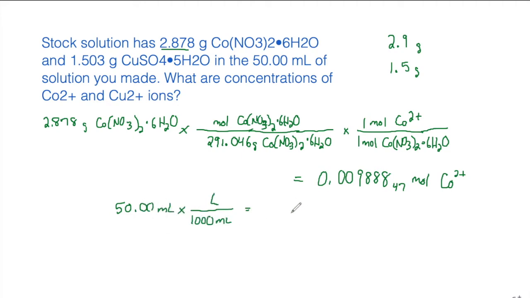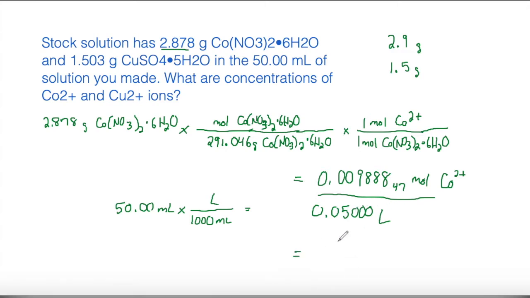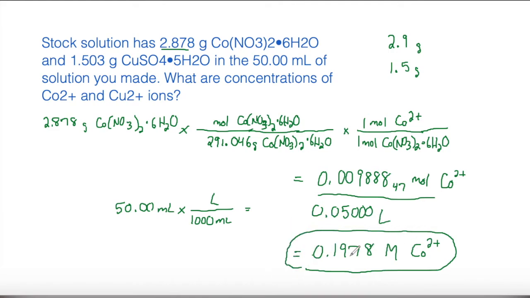So the volume of our solution is 0.05000 liters. So if we divide 0.009888 moles by 0.05000 liters, we get a concentration of 0.1978 molar of cobalt ions. So this is our molarity of cobalt in our stock solution.